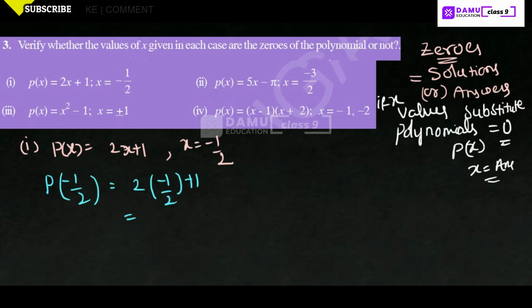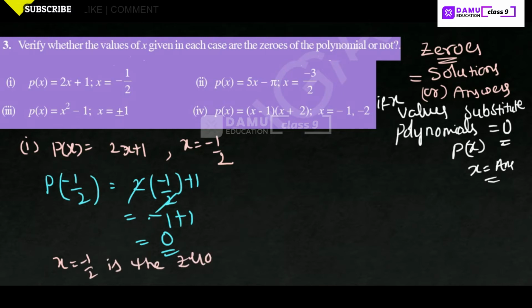Here the 2 will cancel, then minus 1 plus 1 we will get. So that is 0. Then x equals minus 1 by 2 is the zero of p of x equals 2x plus 1. We should get the final answer as 0.